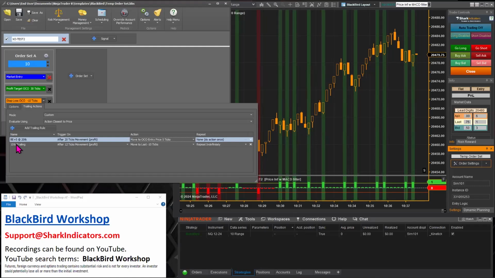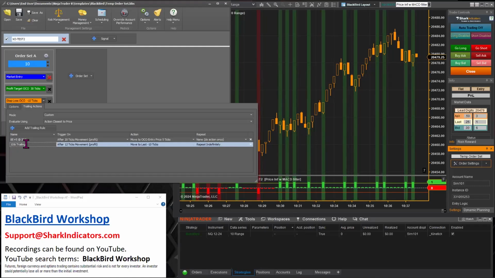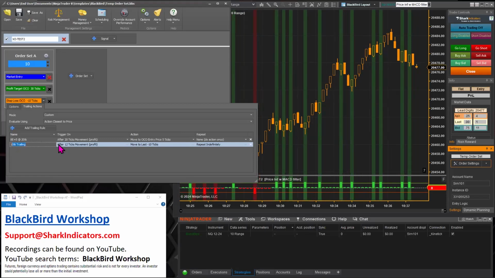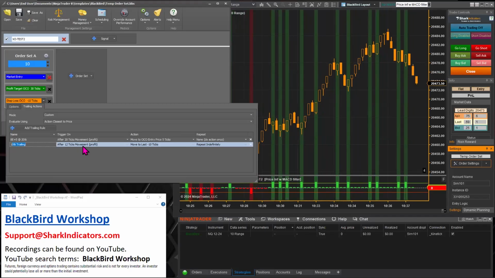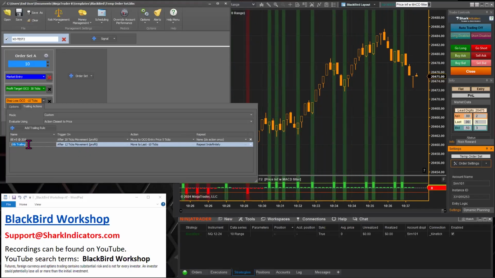Now, if you still want to keep the trailing rule here, then we need to go into the trigger and make sure that these two triggers match each other. Because if you read this, the 10 tick trailing is going to start trailing at 12 ticks of movement.